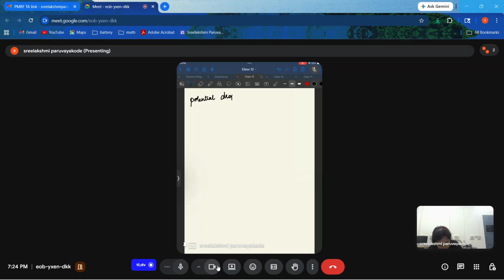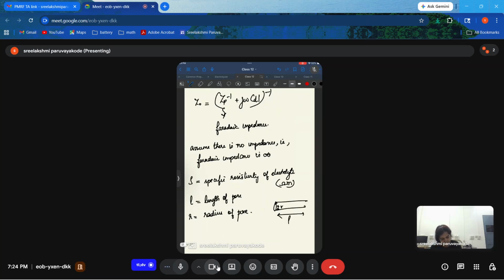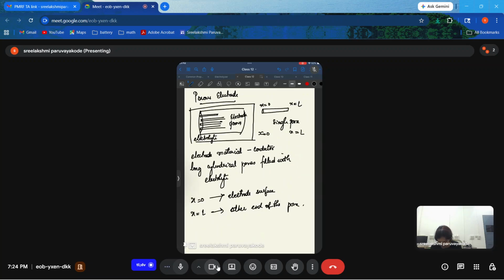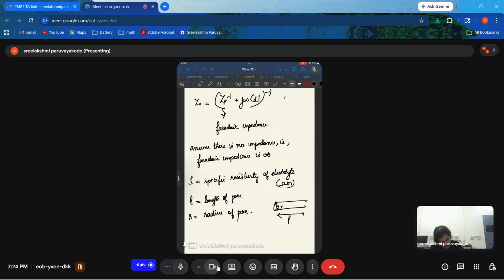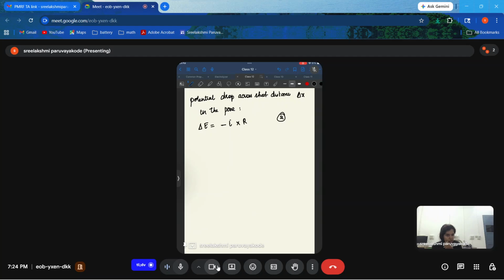Now we are calculating the potential drop across a short distance delta x in the pore, which is given by delta E equal to minus I into R. This is a known equation, right? This is equation number 1. V equals IR, the same thing we have written for a small section delta x.